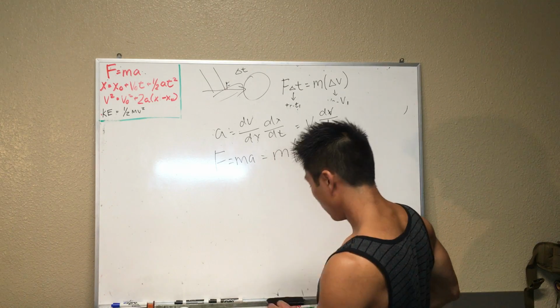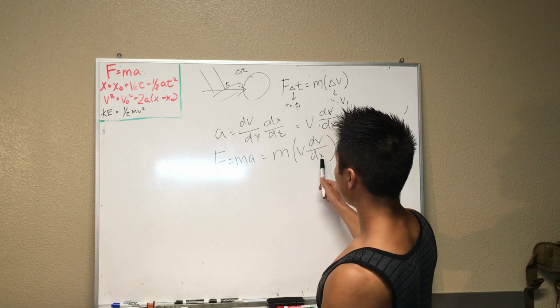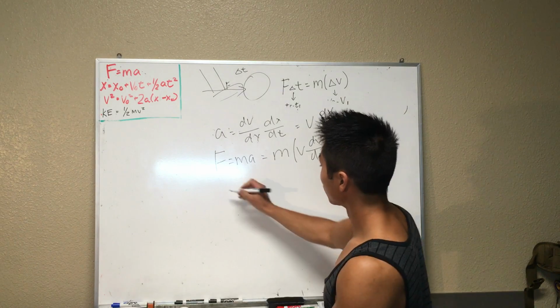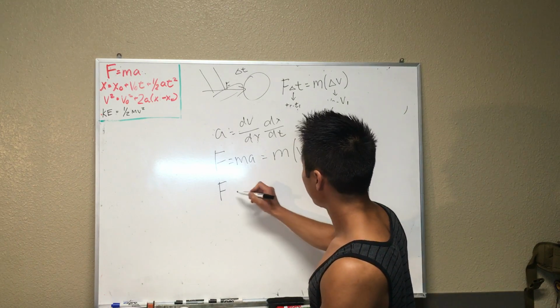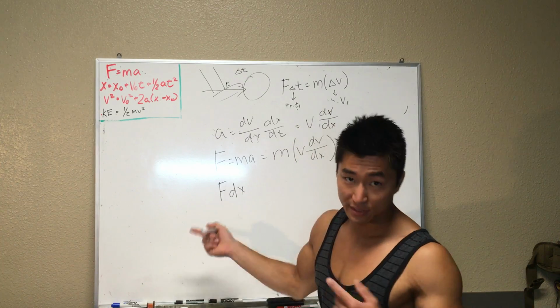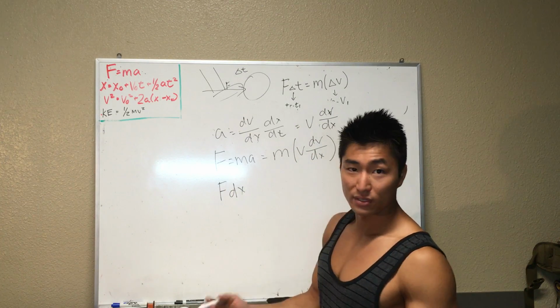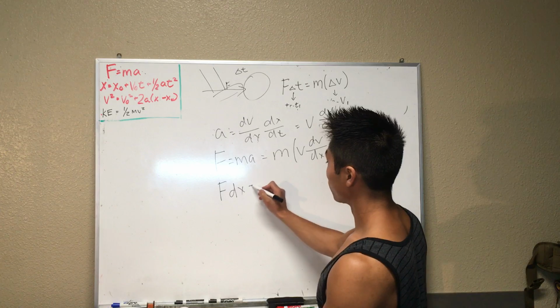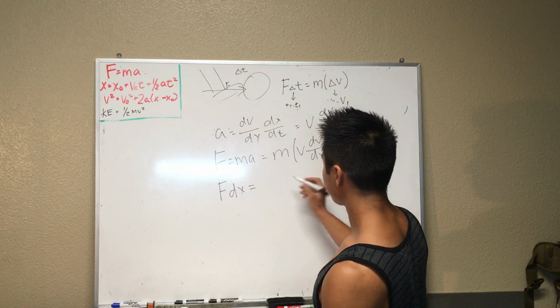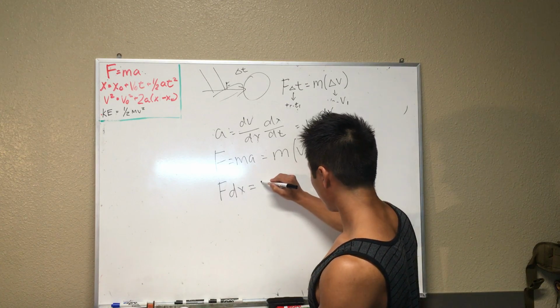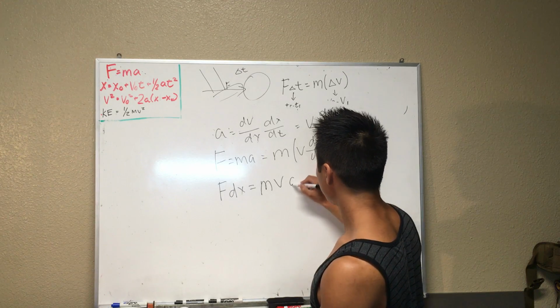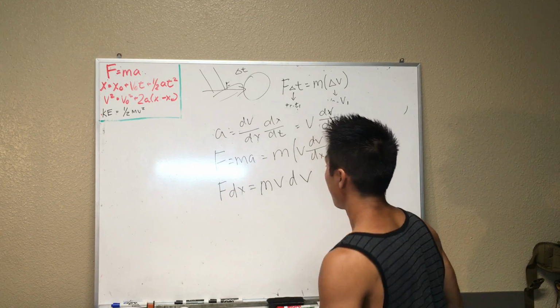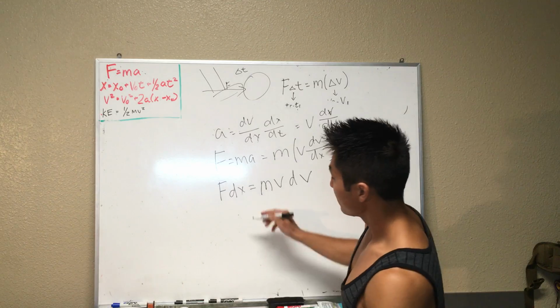And then from here, we're going to bring the dx over onto this side. So we are left with f dx. So this is what work is. Work is force times the distance, right? So we have work equals mass v dv. And then we're going to integrate both sides.